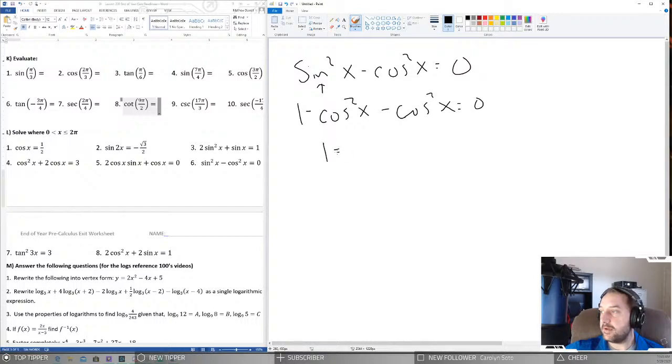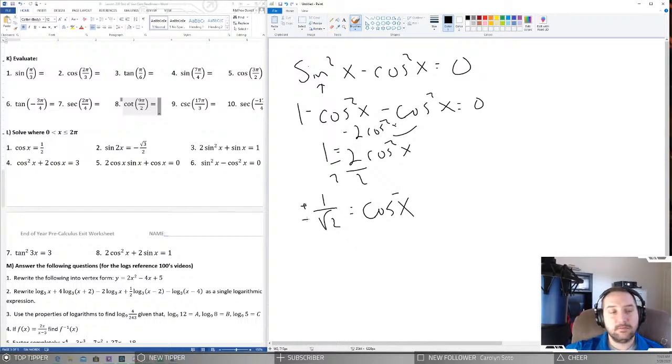And so I get 1 equals, if that's minus 2 cosine squared x, I can bring it to the other side. That's a way of doing it. Divide by 2, square rooting, so you get 1 over root 2 equals cosine x plus or minus, which 1 over root 2 is the same as root 2 over 2. So those are the same thing.